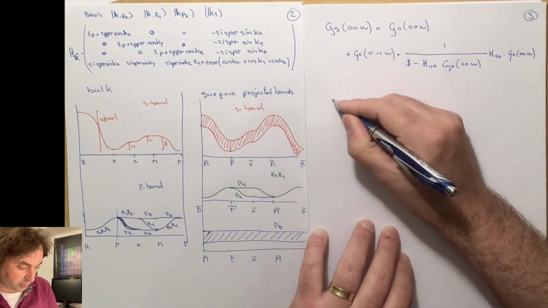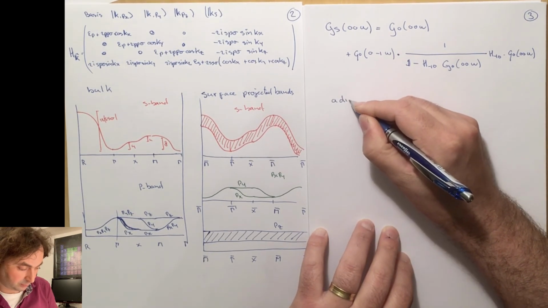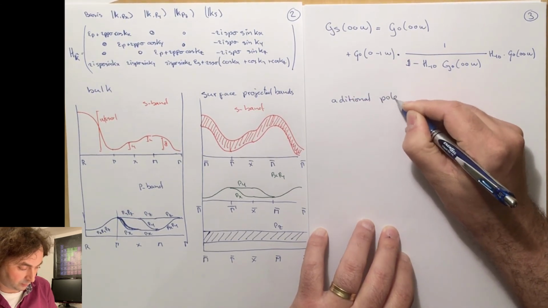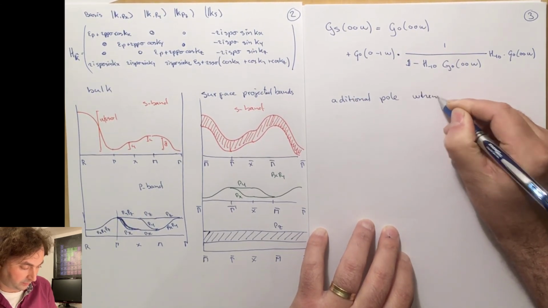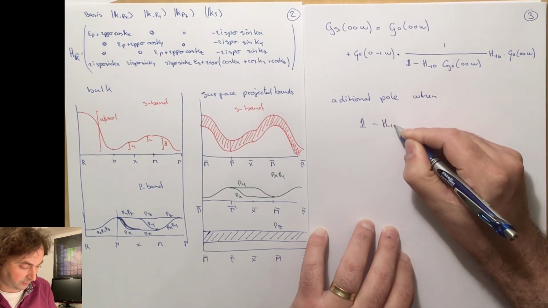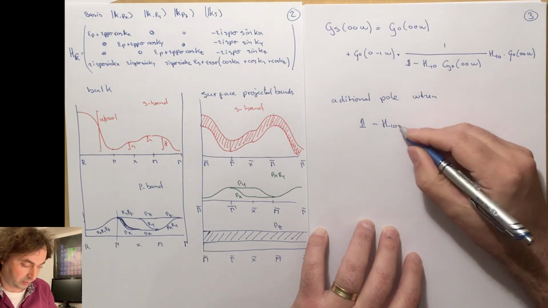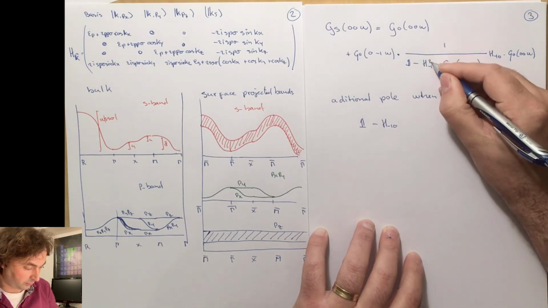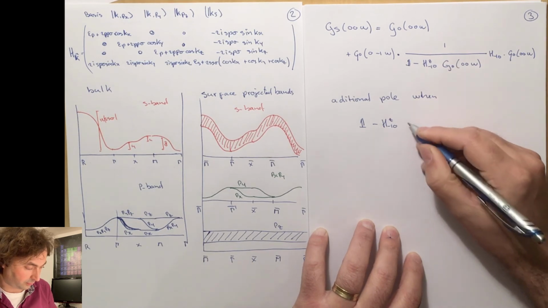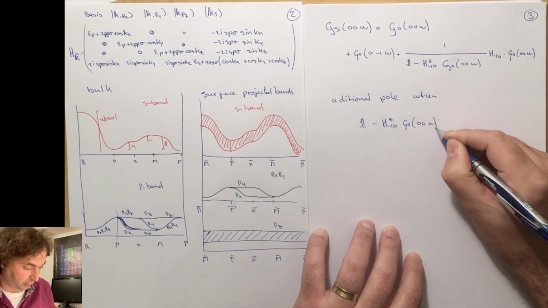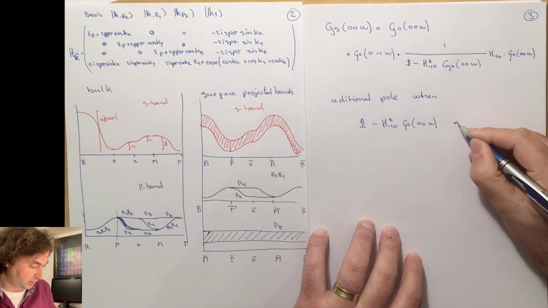Now you get an additional pole. When the denominator here, so 1 minus the hopping Hamiltonian between the nearest neighbors in the z direction, G0, 0, 0, omega, is singular.